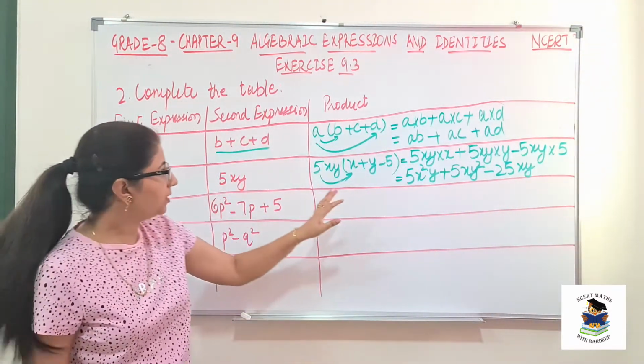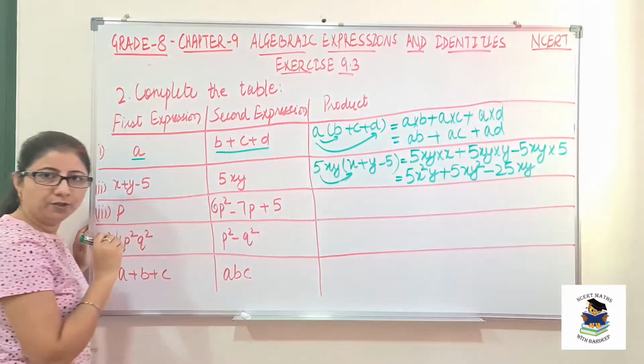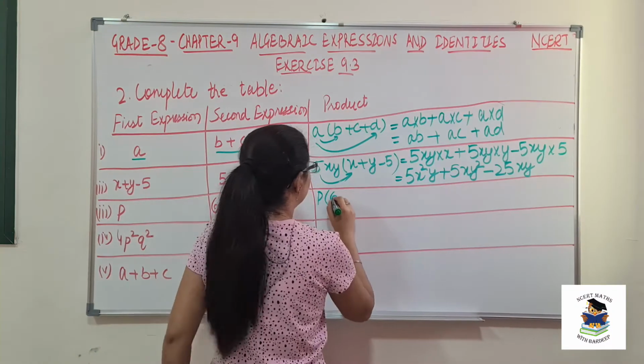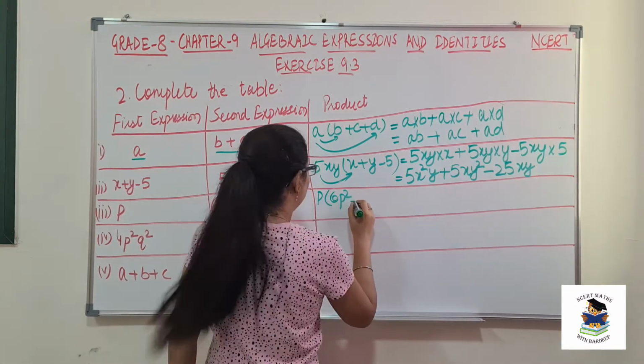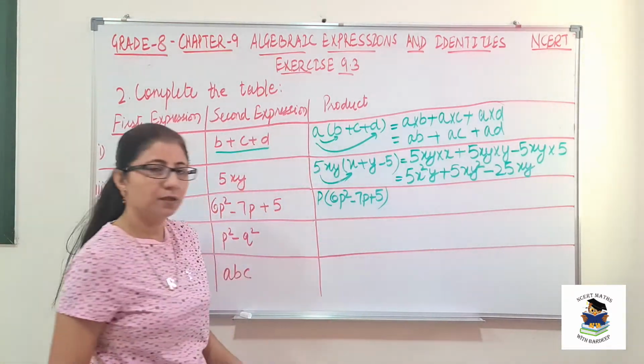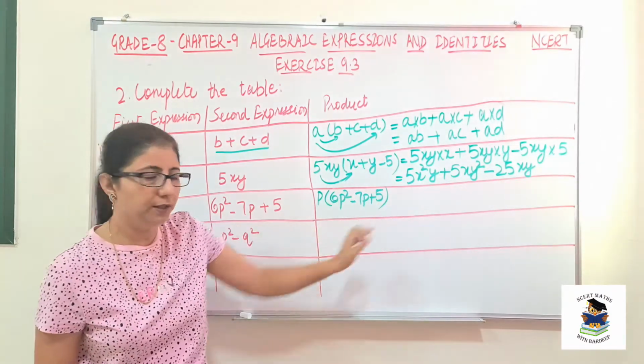Okay. So now let's move to our third part. P is to be multiplied with this trinomial. So first write it down. That is P multiplied by 6P square minus 7P plus 5. Okay. So again same rule. We should multiply P with all the terms.